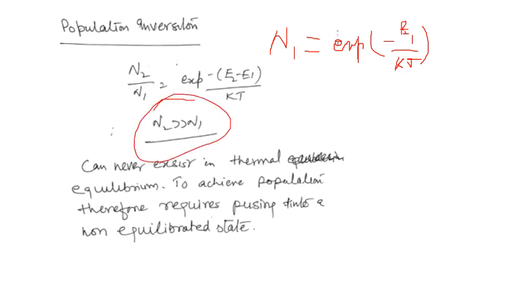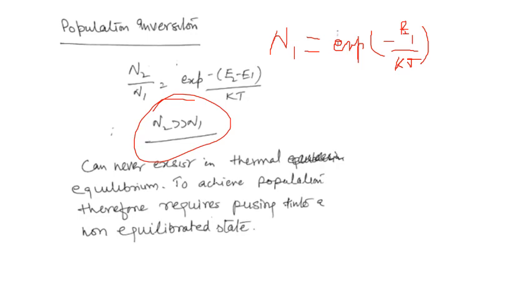But you want this, and this can never exist in thermal equilibrium. To achieve this population inversion, we want to push our system from a natural thermal state to a non-equilibrium state.